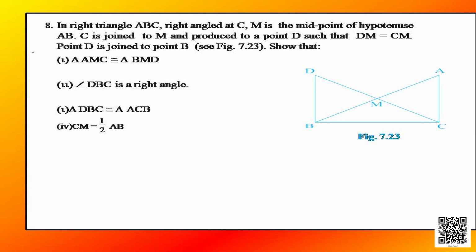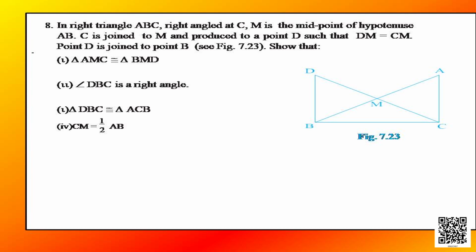Point D is joined to point B. We need to show that triangle AMC is congruent to triangle BMD. Angle DBC is a right angle. Triangle DBC is congruent to triangle ACB and CM is equal to half of AB.